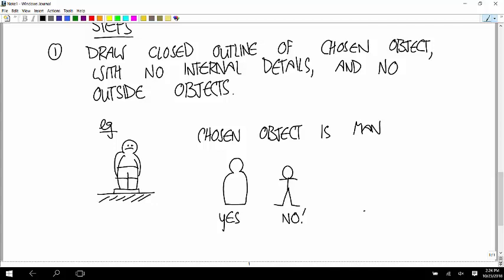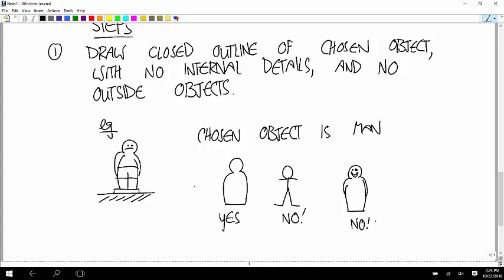Another one is, don't do it like that. Partly because that doesn't look like him, but also because the facial features and the arms, we don't care about what's happening inside the boundary. We only care where that boundary is.